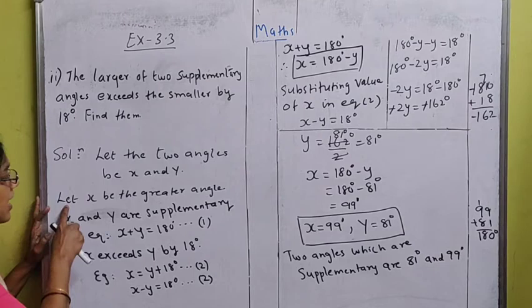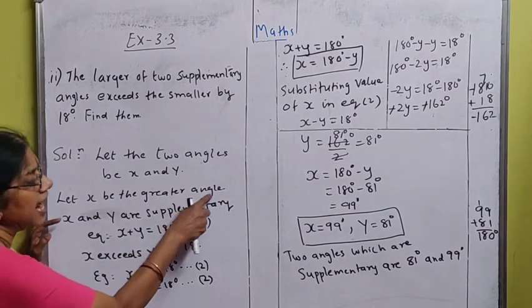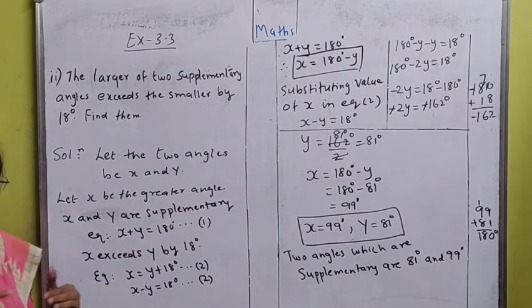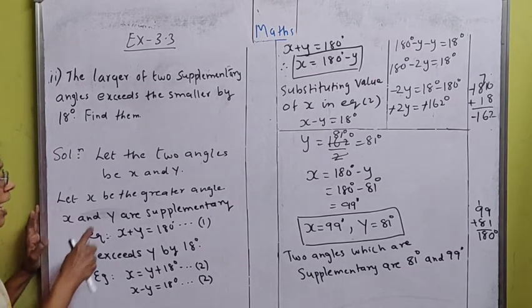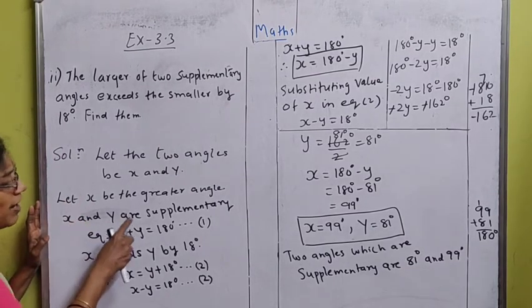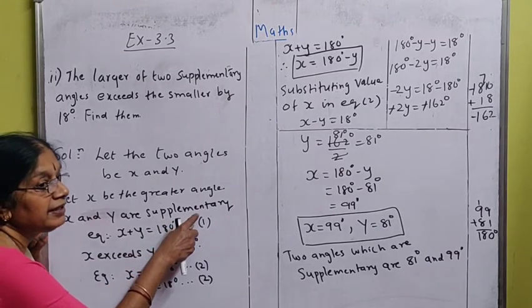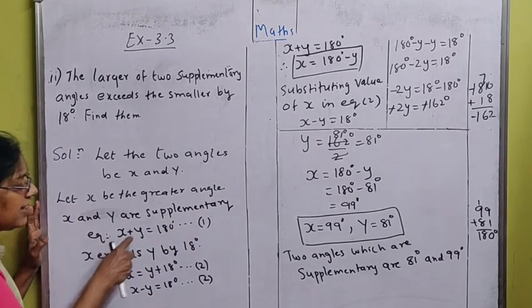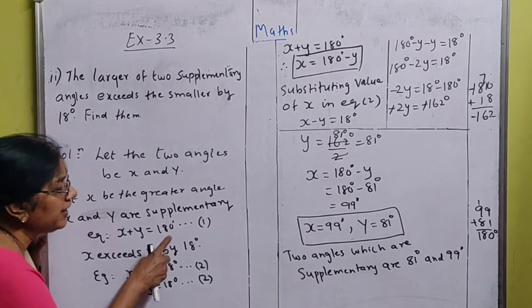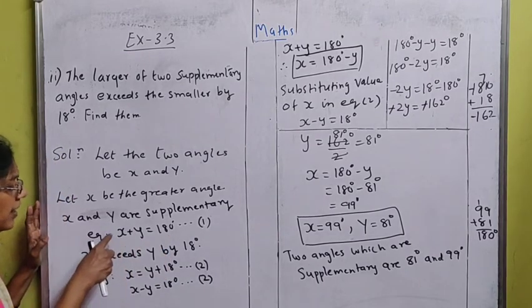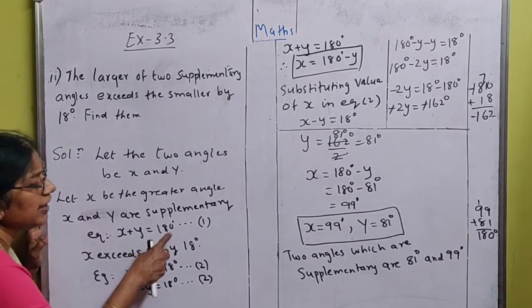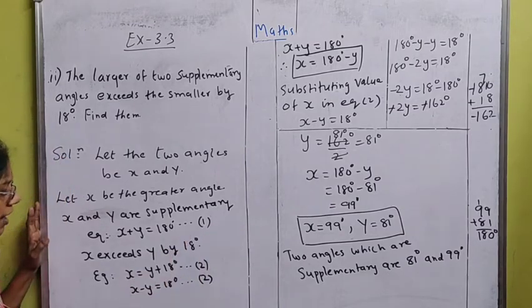So let x be the greater angle. Naturally y will become the smaller angle. And x and y are supplementary, means the sum of x and y should become 180 degree. That is what we have written. x plus y is equal to 180 degree. That is your equation number 1.